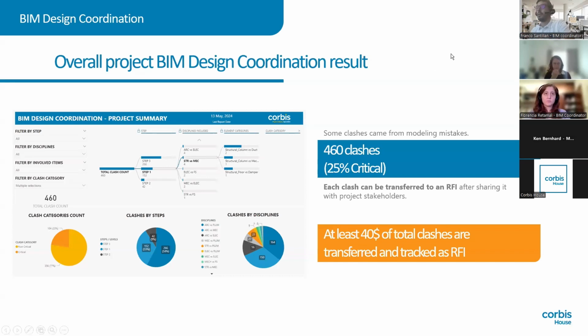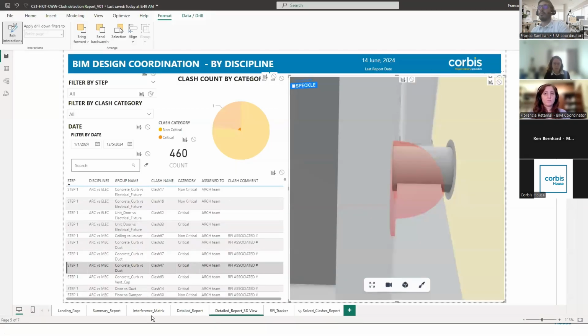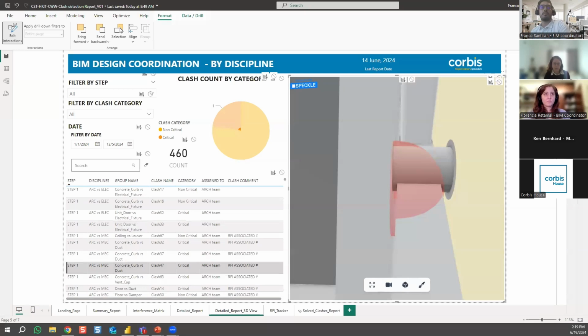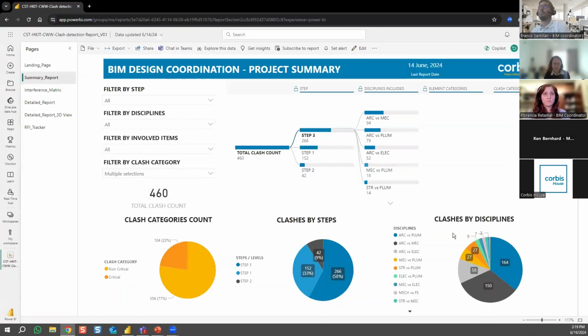I will be sharing my screen, but I will also share the real report in Power BI, so you can see that I will be jumping between 2 different slides. This is the real Power BI monitor applied to the specific project that I am talking about.